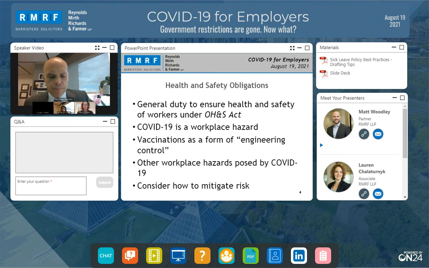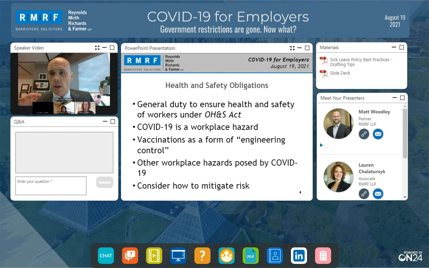by COVID-19. So Occupational Health and Safety has provided some guidance with respect to this issue, and there's a guidance document set out on the Occupational Health and Safety website. They identify a hierarchy of controls that can be put in place by employers to deal with this risk. The first one is engineering controls.